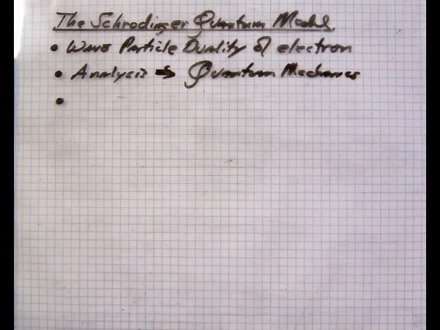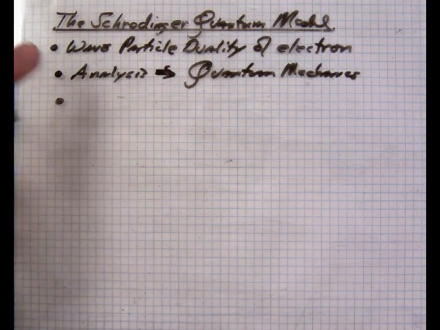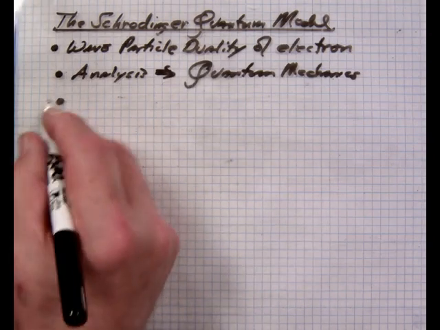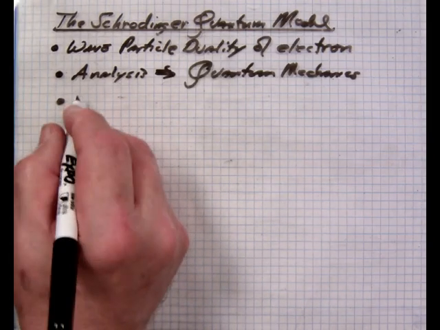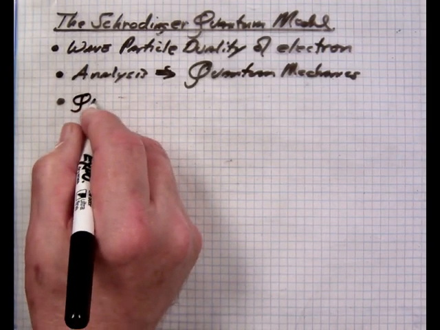Now, I gave you a lot of odds and ends on how we got to this point last time, but sometimes we can't see the forest for the trees. What is the importance of quantum mechanics? It gives quantum numbers.